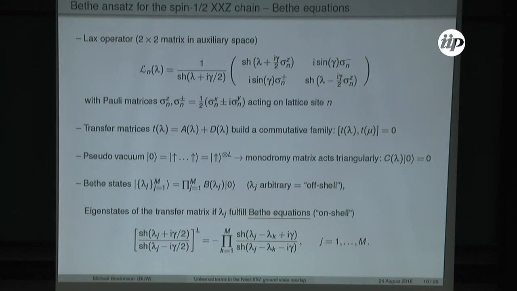For the ground state, one knows that all the lambdas are real. This will be important later. If you solve these equations, you get many different solutions, and if you insert them here, you get eigenstates of your Hamiltonian. So that's the logic.